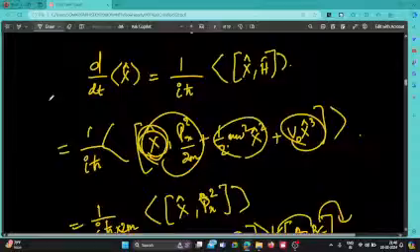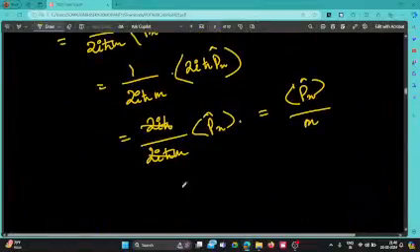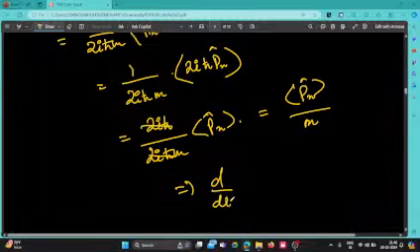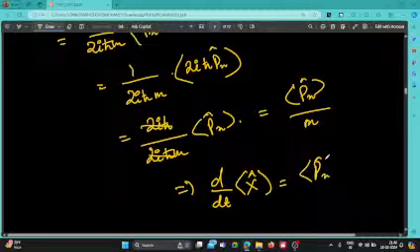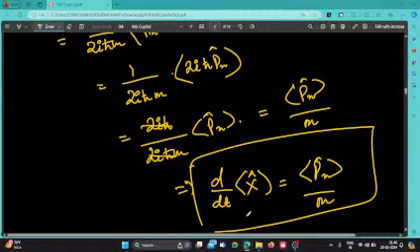So what was on the left side? d by dt of x, right? So d by dt of observable x is equal to px by m. Is it alright? Is it clear? It's very conceptual. I hope you understood.